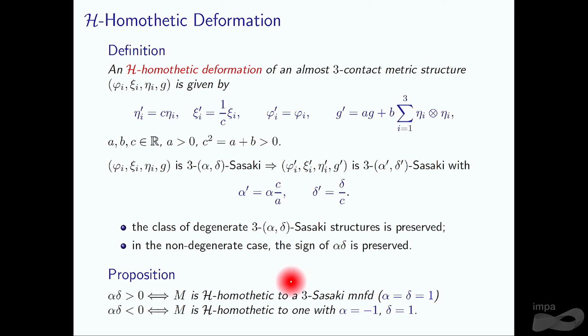And now if you want to take it easy, you can say, okay, free alpha delta, that's just H-homothetic deformations of free Sasaki manifolds. That's true in a sense, but it makes your life much easier as far as computations and understanding the structures go. And in the negative and degenerate case, you get new geometries.